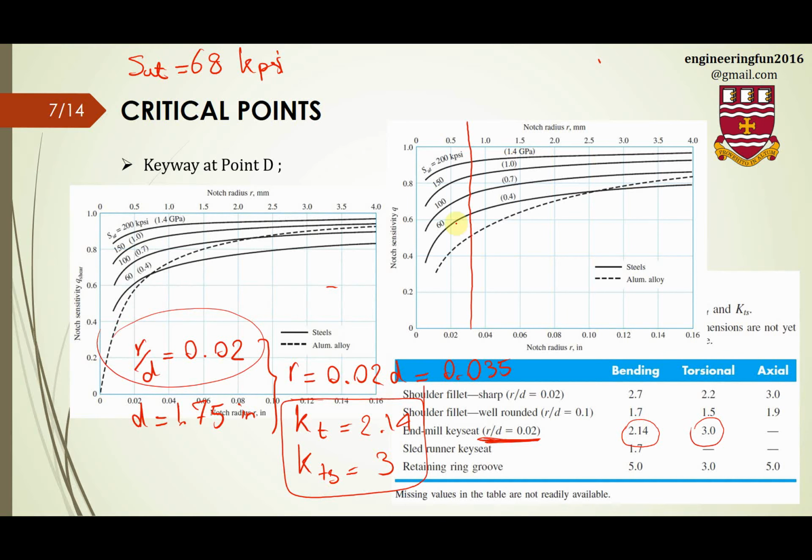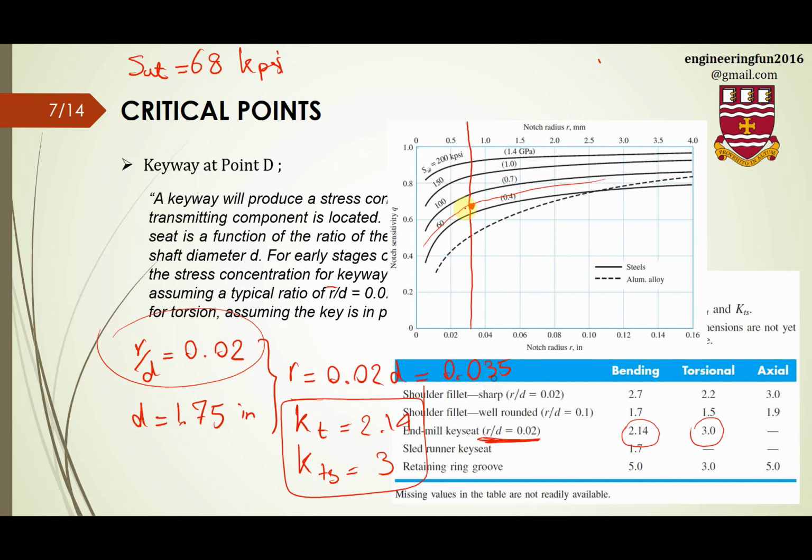So this is 60, so 68 is maybe a curve like this. We can find the intersection, draw a straight line and read this number, and that will be our notch sensitivity q. In this case, q will be almost 66%.